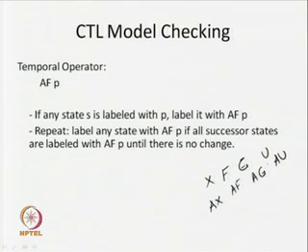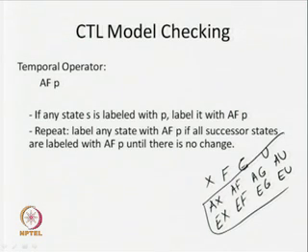The until operator is a binary operator, but X, F and G are unary operators. For the other path quantifier, E, we have EX, EF, EG, EU. Now, we need a procedure to evaluate these operators, but we have already seen that we need only three operators, which form an adequate set. At least it should contain one next state operator, one until operator, and we can choose one of F or G, either AG.